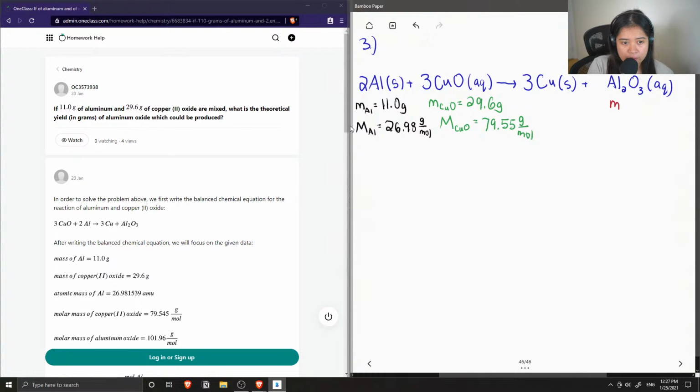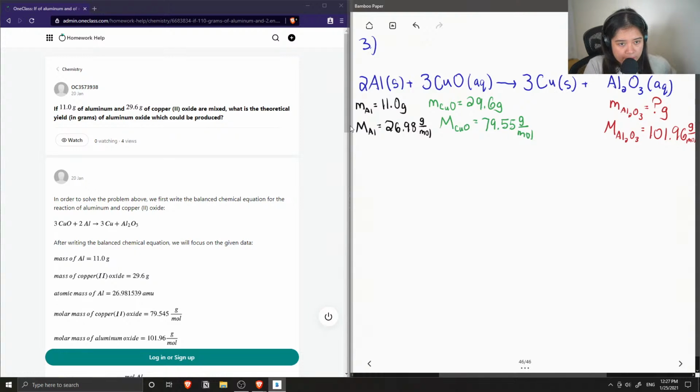So under aluminum oxide, I'm just going to put that our mass is unknown. And I can also write out the molar mass of aluminum oxide as well. So 2 times the molar mass of aluminum plus 3 times the molar mass of oxygen gives us 101.96 grams per mole.